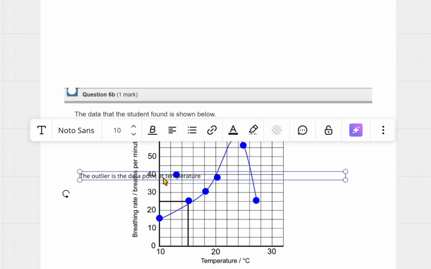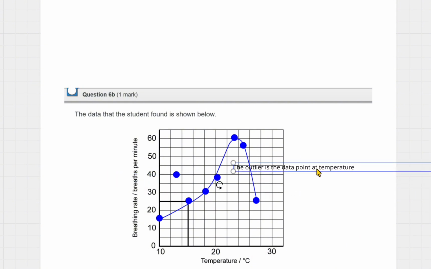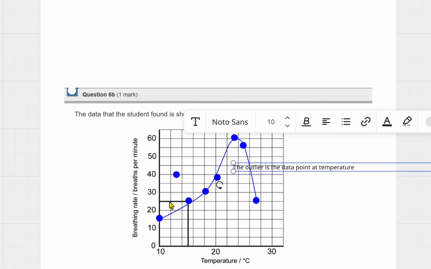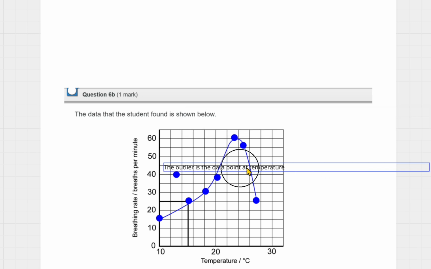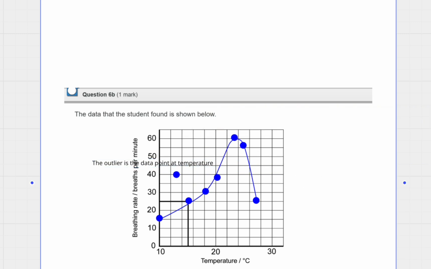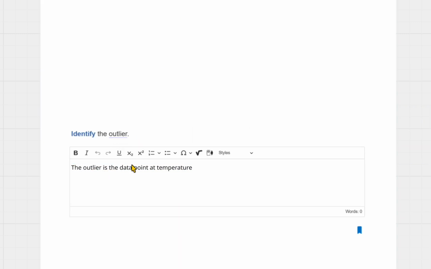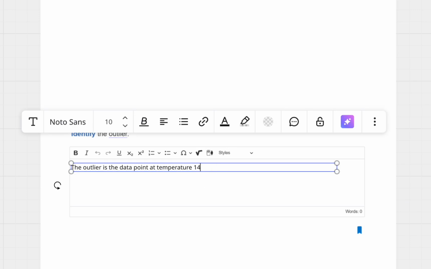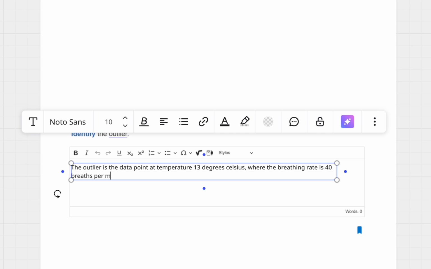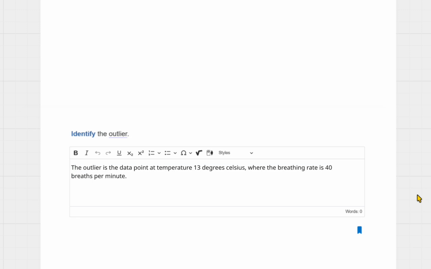If we look at it closely, we see that it's at 13 degrees Celsius, and it's at 40 breaths per minute. So let me just go back here. Temperature 13 degrees Celsius, where the breathing rate is 40 breaths per minute. So that's going to be our outlier.